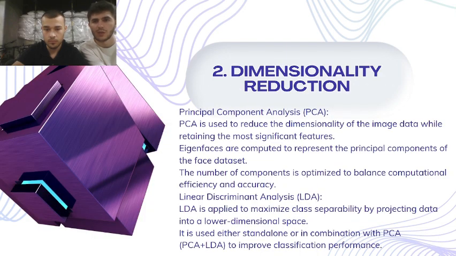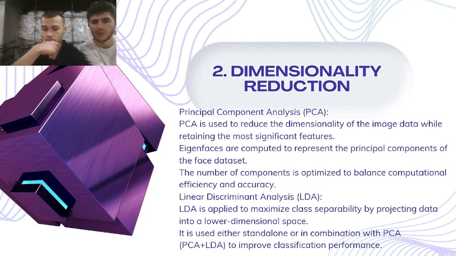Next, dimensionality reduction. PCA is used to reduce the dimensionality of the image data while retaining the most significant features. Eigenfaces are computed to represent the principal components of the face dataset. The number of components is optimized to balance computational efficiency and accuracy. Linear discriminant analysis, LDA, is applied to maximize class separability by projecting data into a lower dimensional space.